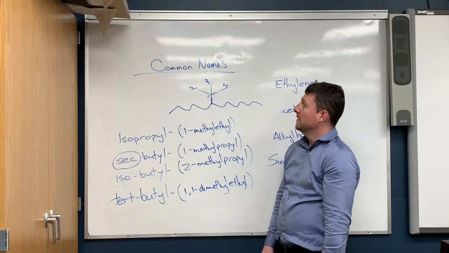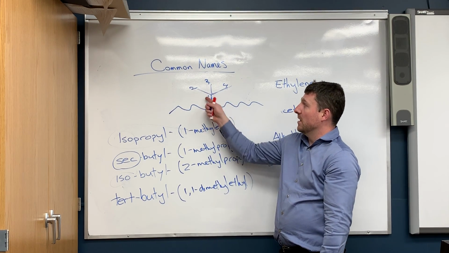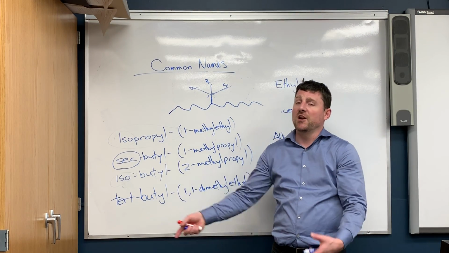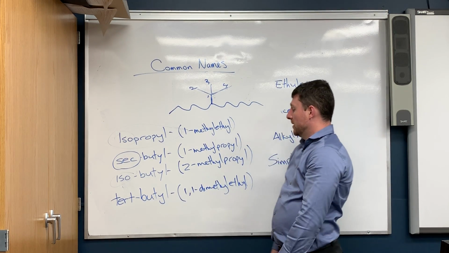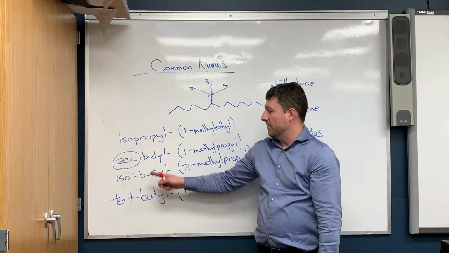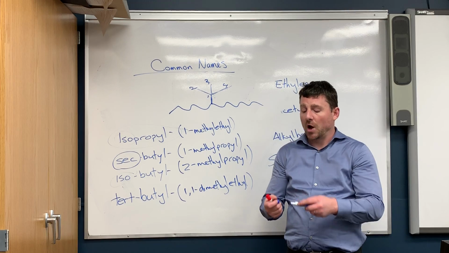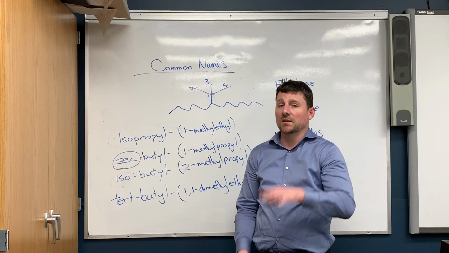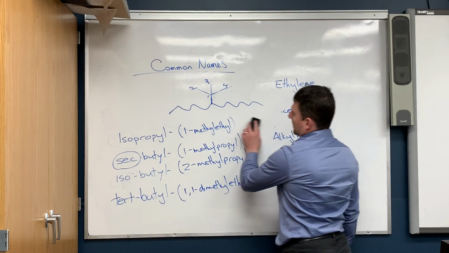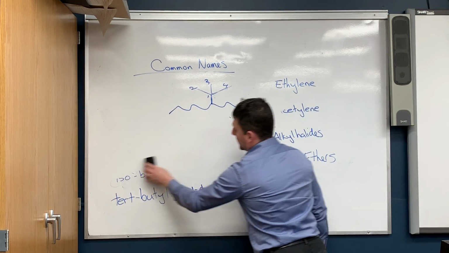Or 3, right? Since we have 3 branches coming off of the original branch, they call it tert-butyl for tertiary butyl, right? So 1,1-dimethyl ethyl can also be called tert-butyl. Right, so these are 4 common names, right, for complex branches that we've already addressed in previous lesson. Right? So that's how we deal with the common names of complex branches.